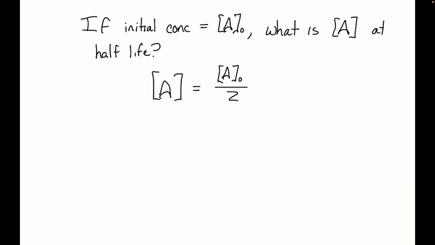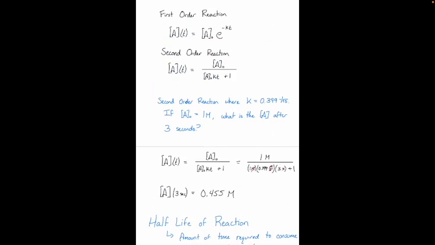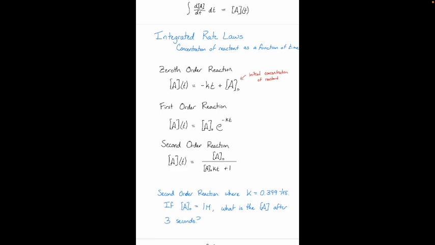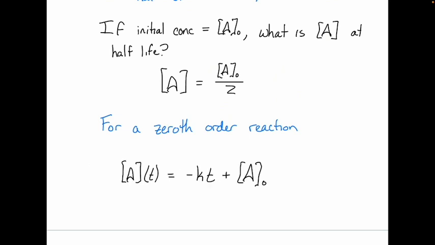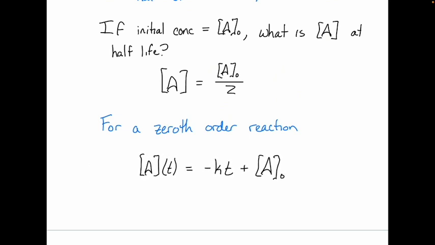Again, I'm going to show you how to do this for one of them here. We'll do it for a 0th order reaction. We know that for a 0th order reaction, the concentration of A as a function of time was this equation here. That was our integrated rate law for a 0th order reaction. So how am I going to find that half-life, the amount of time it takes for half of that reactant to be consumed?